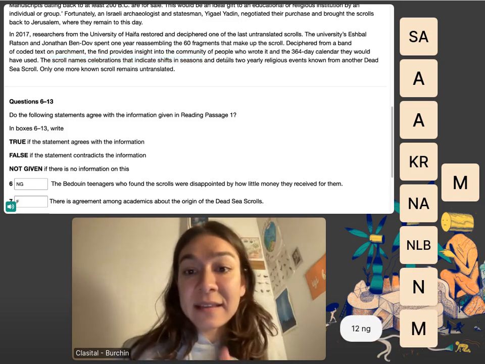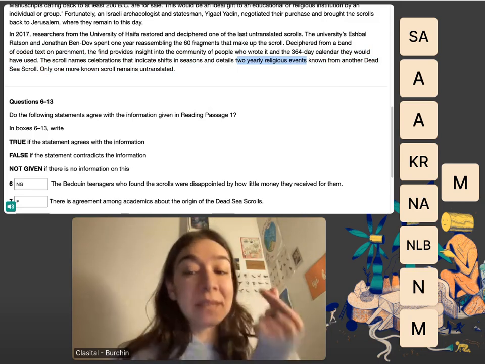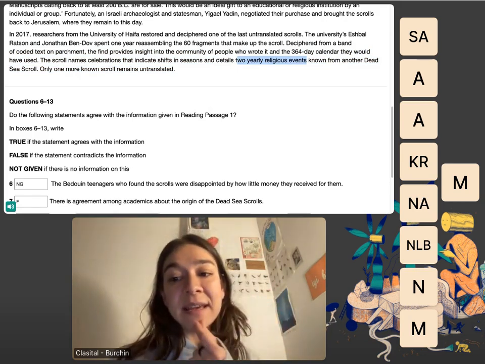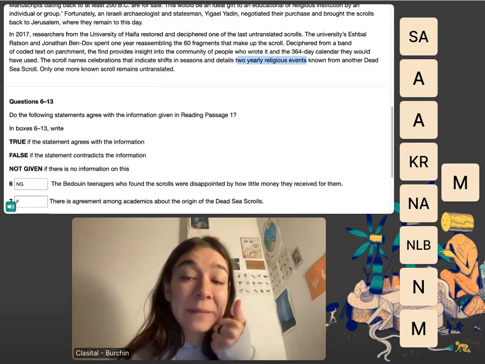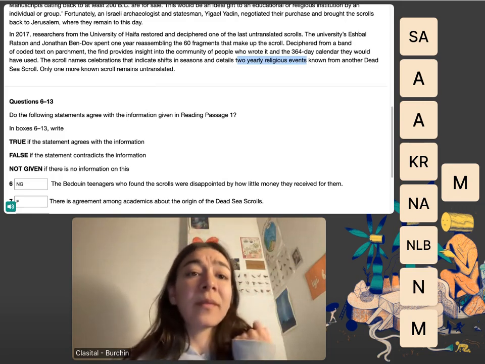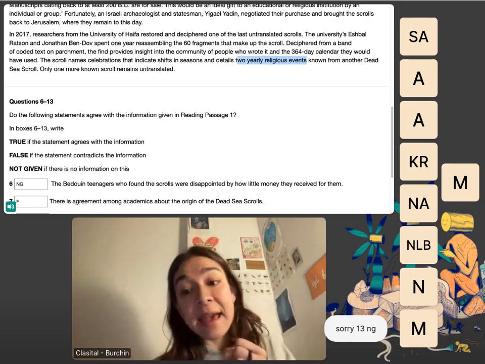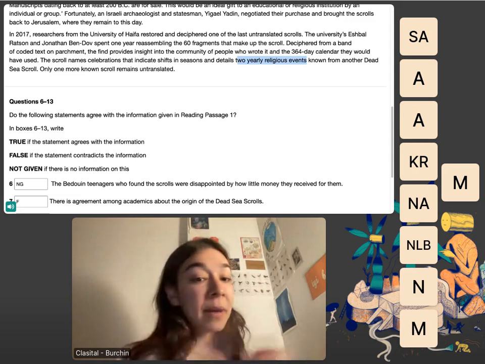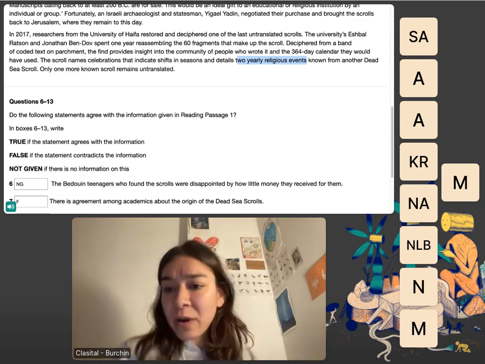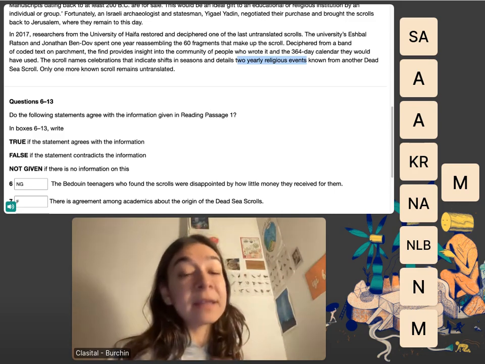And the details of two-yearly religious events, this is also something they celebrate. So in this one, they are right. This is true. But in this sentence, they are not saying anything about the 2000 years ago, about the Qumran area.